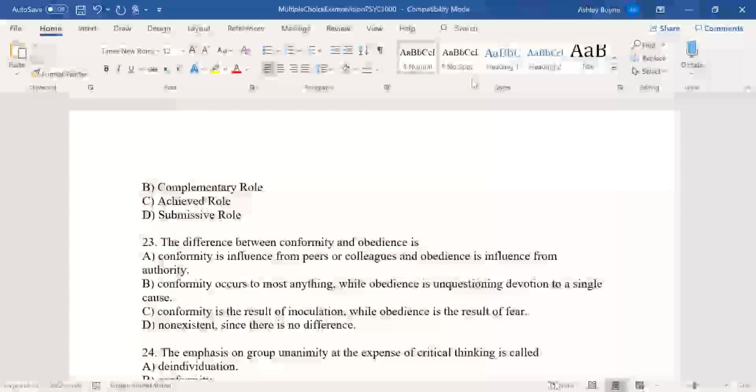Okay, number 19. Which of the following researchers' work was the most influential in shaping our understanding of conformity? A. Hans Eysenck, B. Solomon Asch, C. Martin Seligman, or D. Muzafer Sherif?